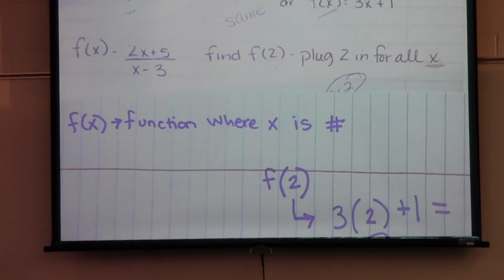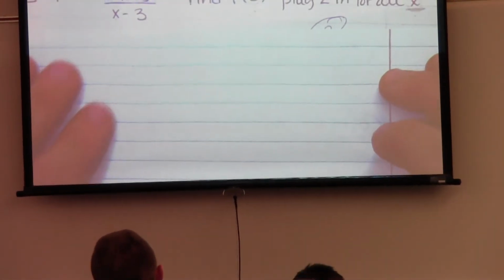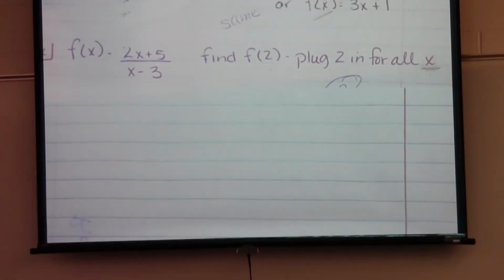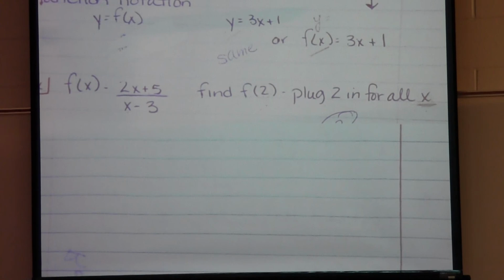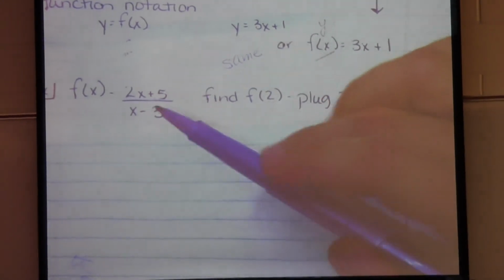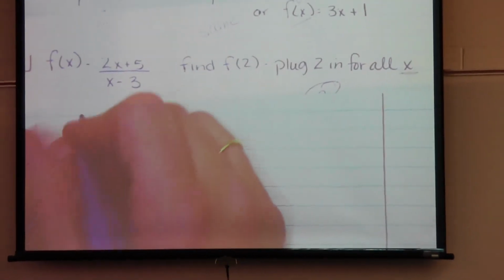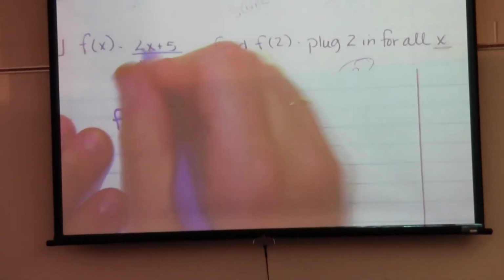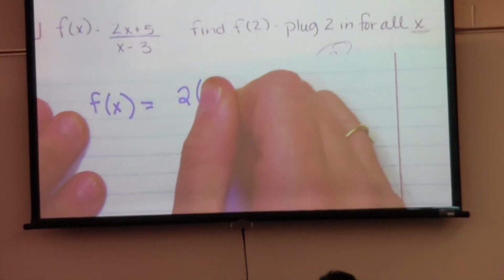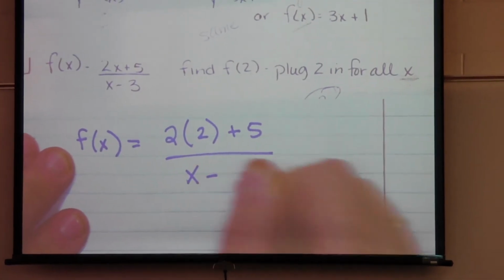Okay, so if they say f of x equals 2x plus 5 over x minus 3, and find f of 2, you're going to plug in 2 for every part of x. So I'm going to rewrite this equation. F of x, where x is 2, so I'm going to say 2 times 2 plus 5 over x minus 2.